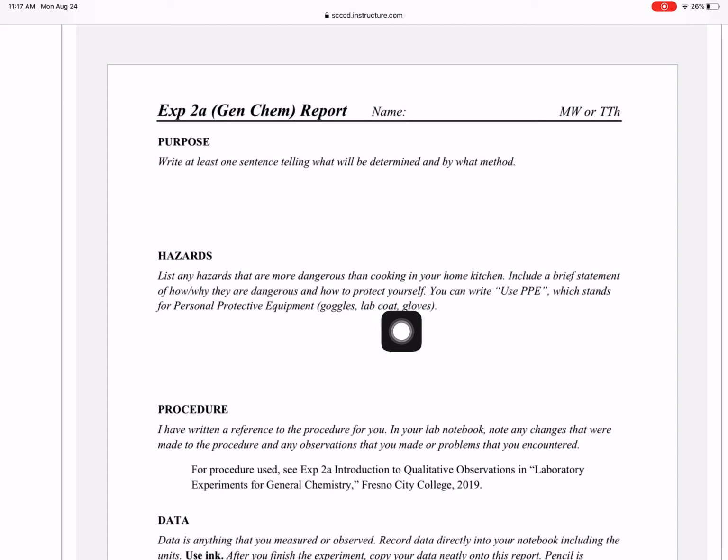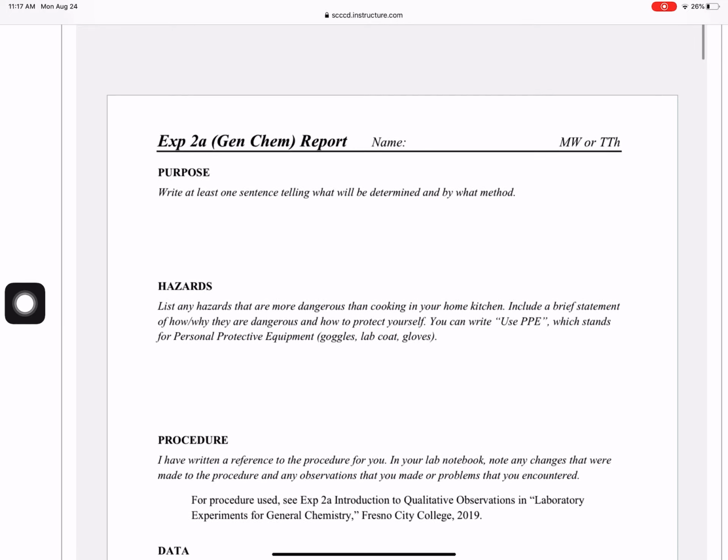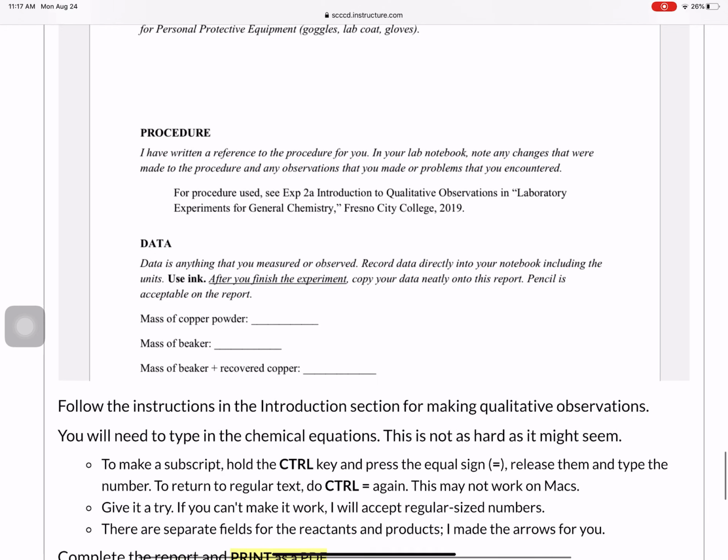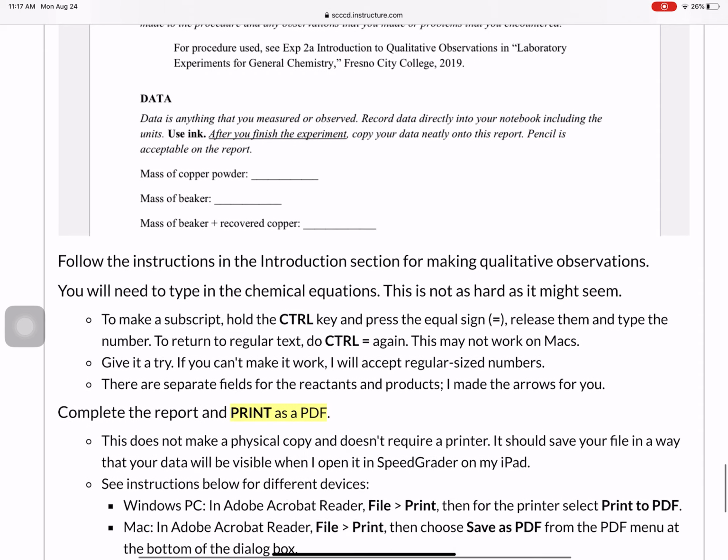That stands for personal protective equipment. That would be goggles, lab coat, gloves, etc. But these hazards are the ones that are listed up here, like acetone is flammable. So that's a hazard that should be listed in your report. I gave a reference to the procedure there, so you really don't need to do anything for that.